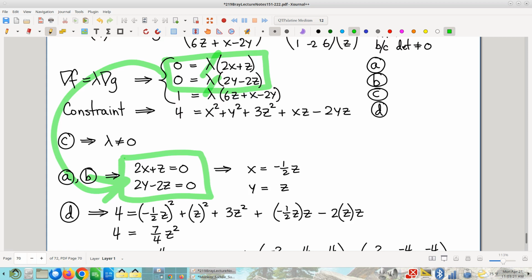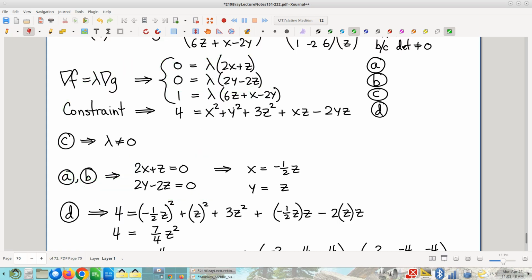You can't cancel 0. Right? If lambda were 0, there would be no reason that those other expressions would also have to be 0. All we need is the product to be 0. If lambda is 0, we just wouldn't be able to draw this conclusion at all. Right? So if we want to be able to do that, we do have to first establish that lambda is not 0.